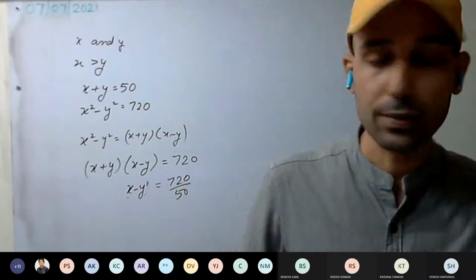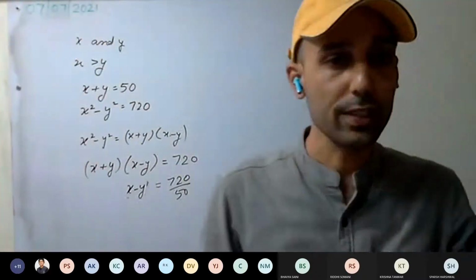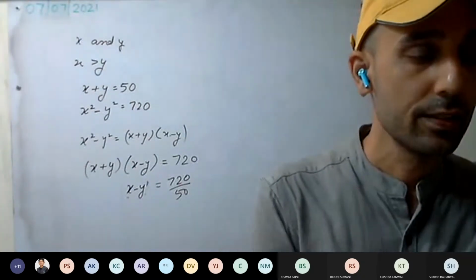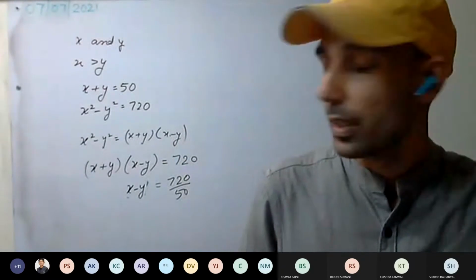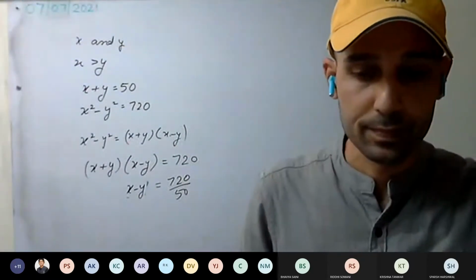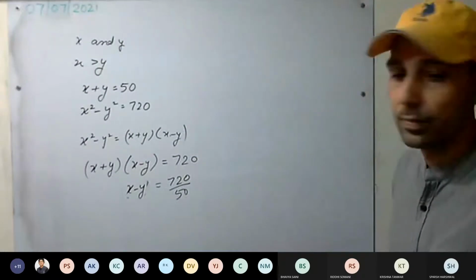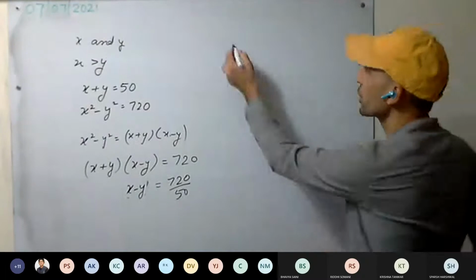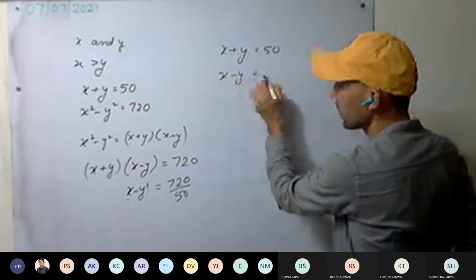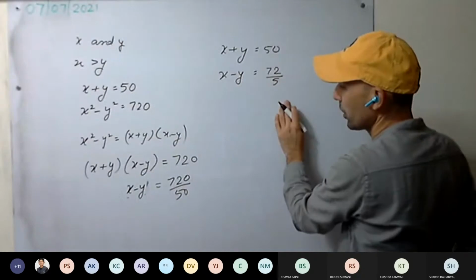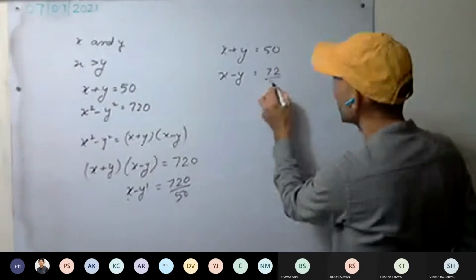Now you will have one equation for x minus y and another for x plus y. By substitution or by adding them, you can solve for x. Everyone solve it. So one equation is x plus y equals 50. The other is x minus y equals 72 upon 5.